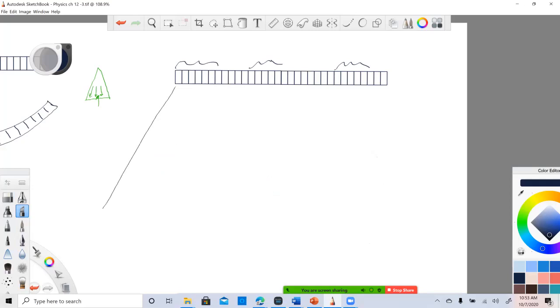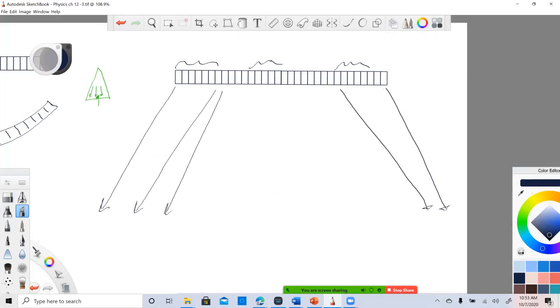We have a beam going off in this direction. Over on this end, we had a beam going off in this direction. We have, let's see, another beam going like this. We have a beam going straight down.